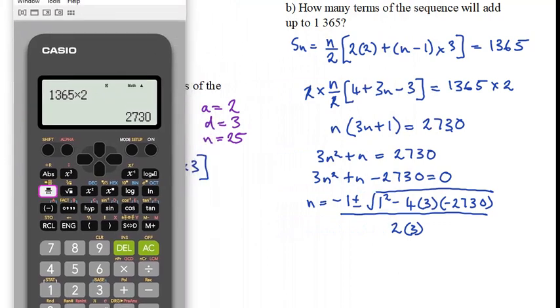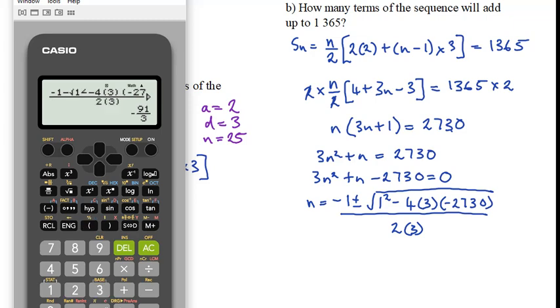Okay, so let's do that on the calculator. Negative 1 minus the square root of 1 squared minus 4 times a, which is 3, times c, which is negative 2730, over 2 times 3.